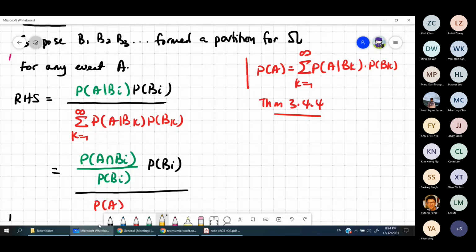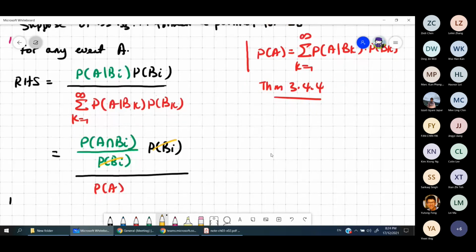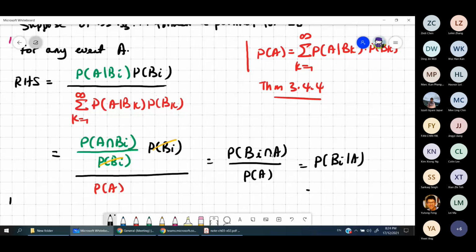Then we can cancel these two. The remaining will be just equal to P(Bi and A). So this we can swap, A and Bi, to Bi and A. I think this is clear. Then this will become P(Bi|A). So that is your left hand side. That's it.